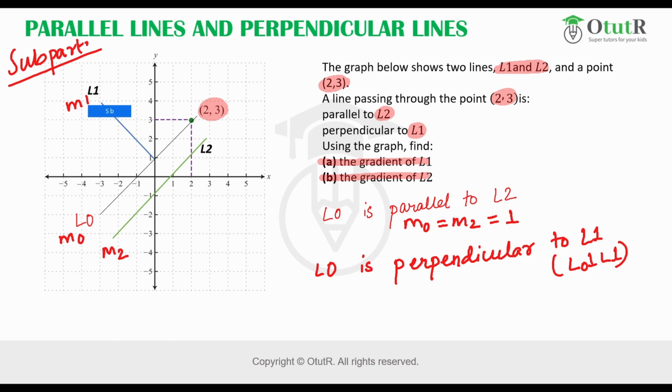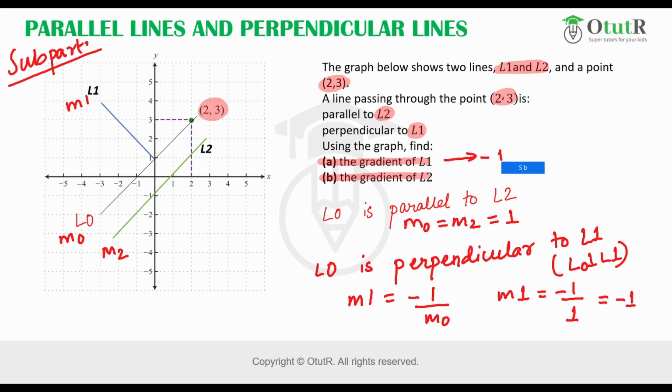The formula is m1 is equal to minus 1 over m0. Now for finding m1, I'm going to simply replace m0 with the value. So minus 1 divided by 1, which results in minus 1. So the slope of L1 is minus 1, or the gradient of L1 is minus 1 and the gradient of L2 is 1.